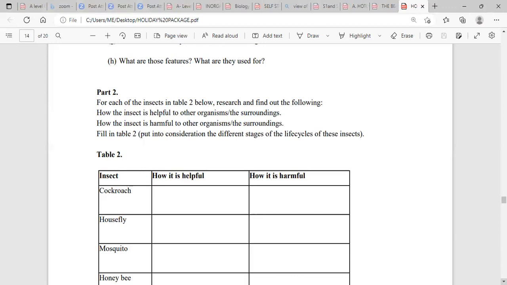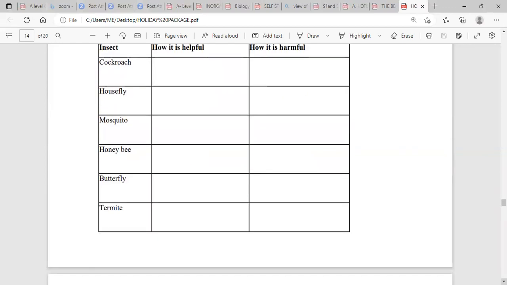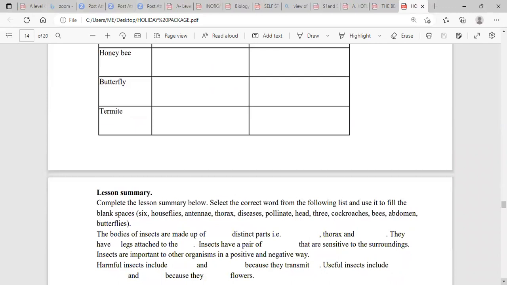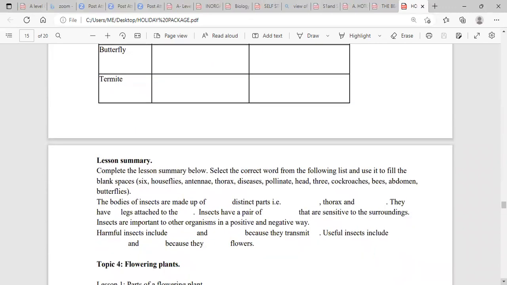So research and find out the following. How are these insects helpful to other organisms or the surroundings? And how are these insects harmful to other organisms or the surroundings? And once you have done that, then you have knowledge about insects.